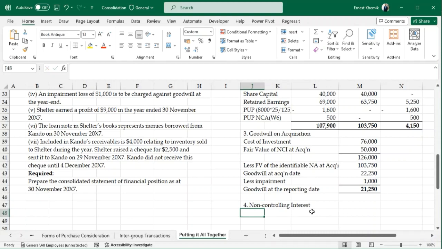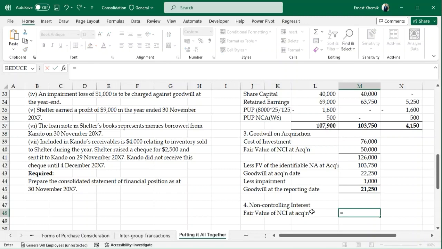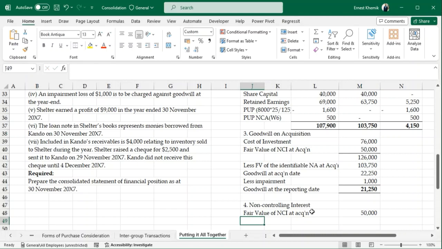With the NCI, we have the fair value of NCI at acquisition, and that is equal to this particular amount that we have here, fair value of the NCI at acquisition, 50,000, and then we'll add the NCI's share of the post acquisition.